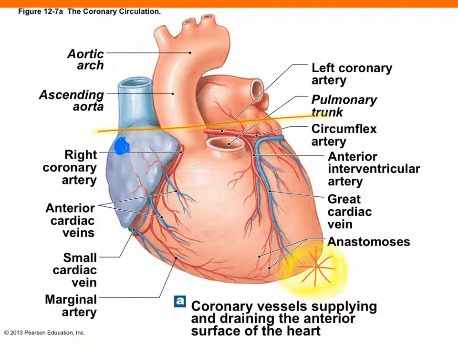Here we see the base of the heart and the apex, and we see all the arteries: the right coronary artery, the left coronary artery, and the left anterior descending artery. When these arteries become blocked or occluded, that can lead to a heart attack, or an MI, a myocardial infarction. If there's a lack of oxygen to the heart muscle itself, the heart muscle tissue can die.